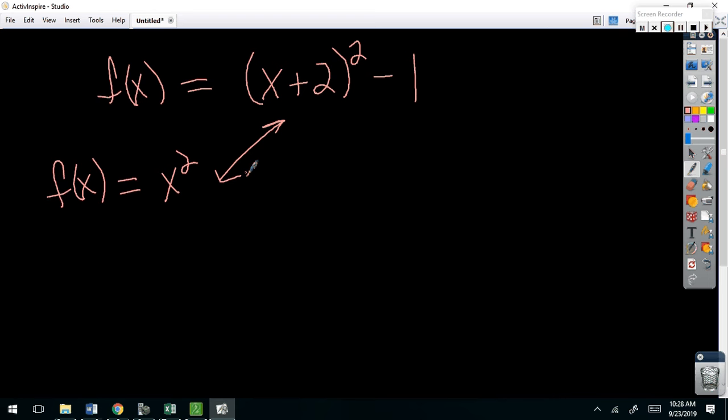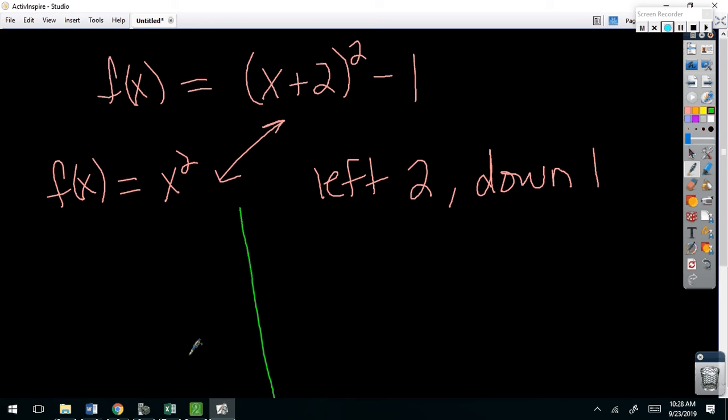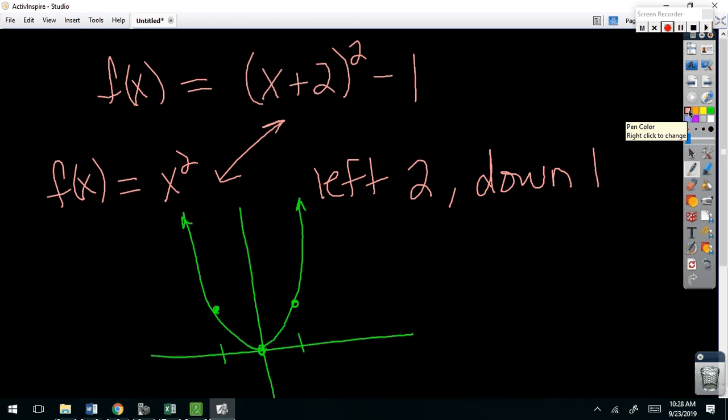You're shifting left. Left how many? 2 and then moving down. Left and down. Okay, so my parent graph, 0, 0, 1, 1, negative 1, 1. So my transformed graph is going to be left 2, 1, 2, and down 1.